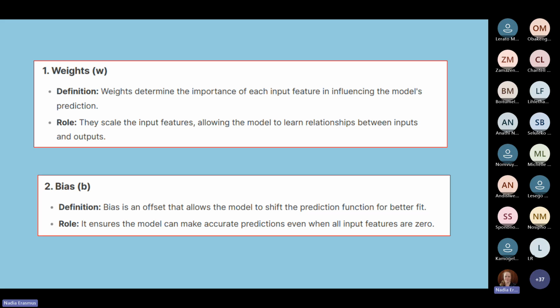So let's go and see. The definition of weight is the importance. It's the importance of that feature in the model's prediction. Then we're also going to have the bias. It is the offset that allows the model to shift the prediction to have a better fit.